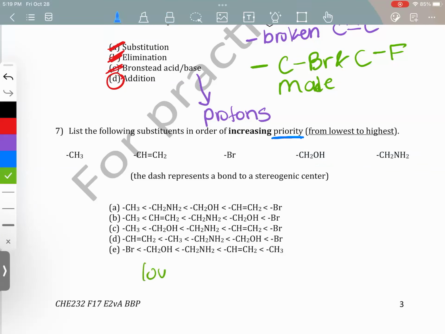We're going from lowest to highest. So which group here would have the lowest priority? The methyl. Right, the CH3. CH3 would be lowest. After the CH3, what do you think comes next?